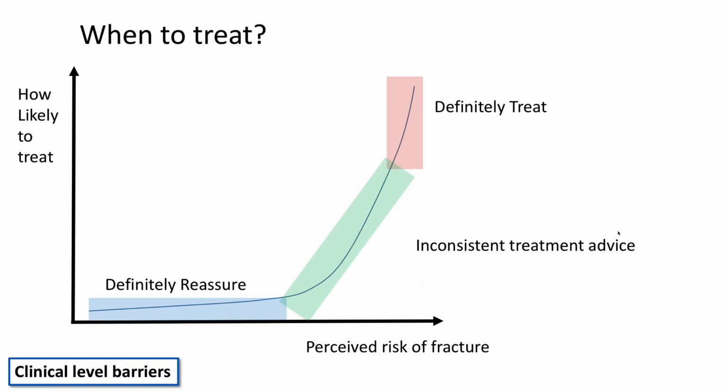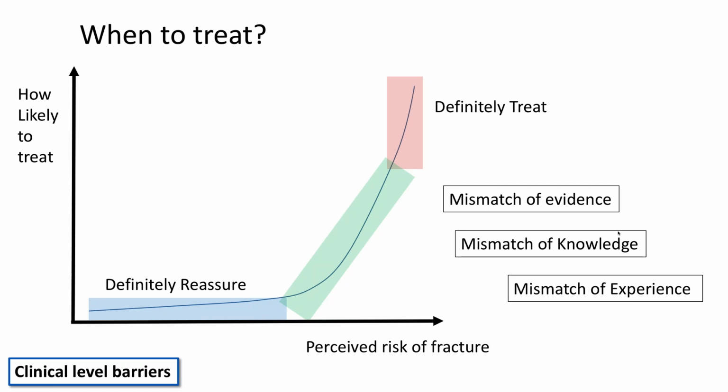And what we really must work on is to make sure that green box is as small as possible within the FLS and between FLSs. We should simplify the pathway so the green inconsistent treatment advice is as small as possible. And this is by addressing mismatches in evidence, mismatches in knowledge, and mismatches in experience.